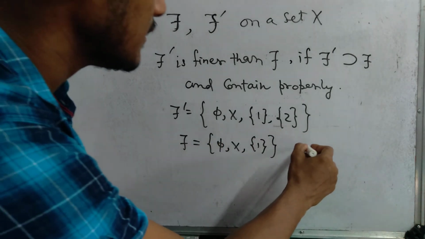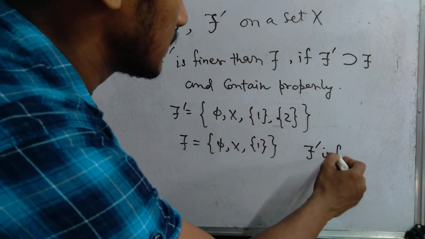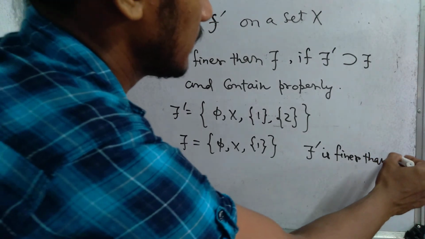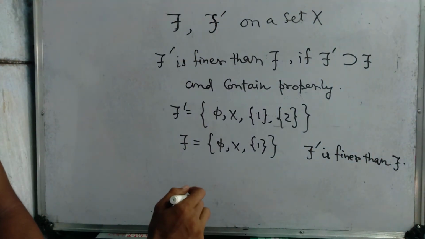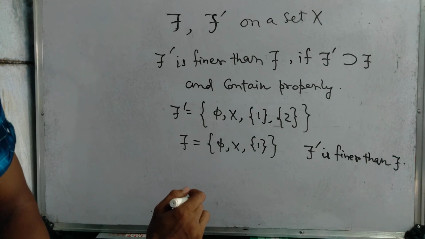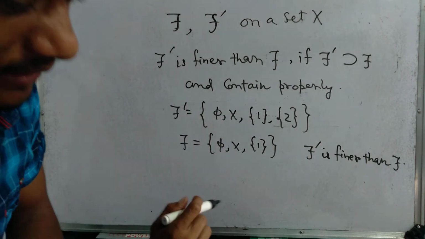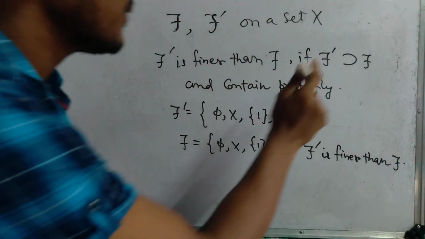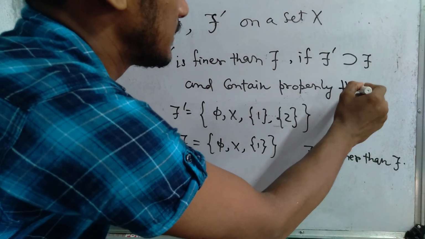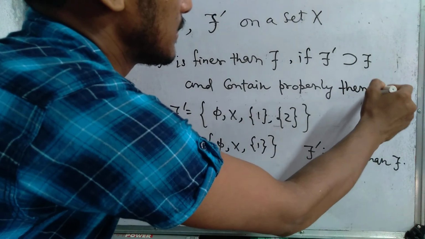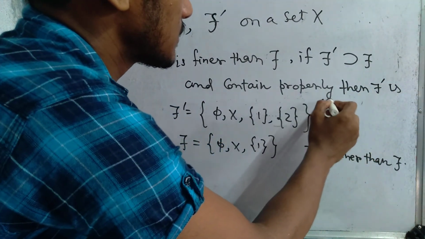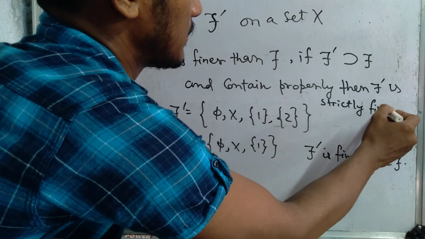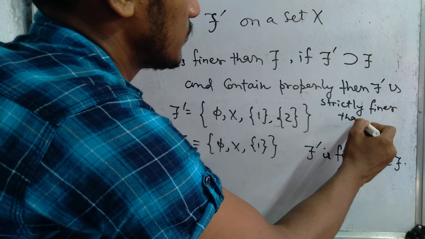Then obviously tau dash is finer than tau, and this one is strictly finer because it contains tau properly. So tau dash is strictly finer than tau.